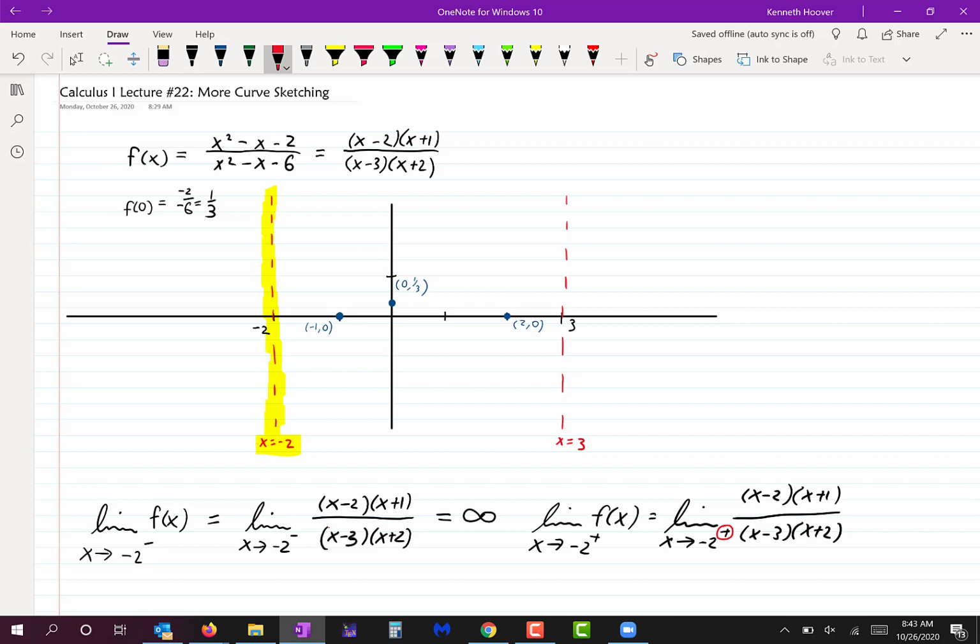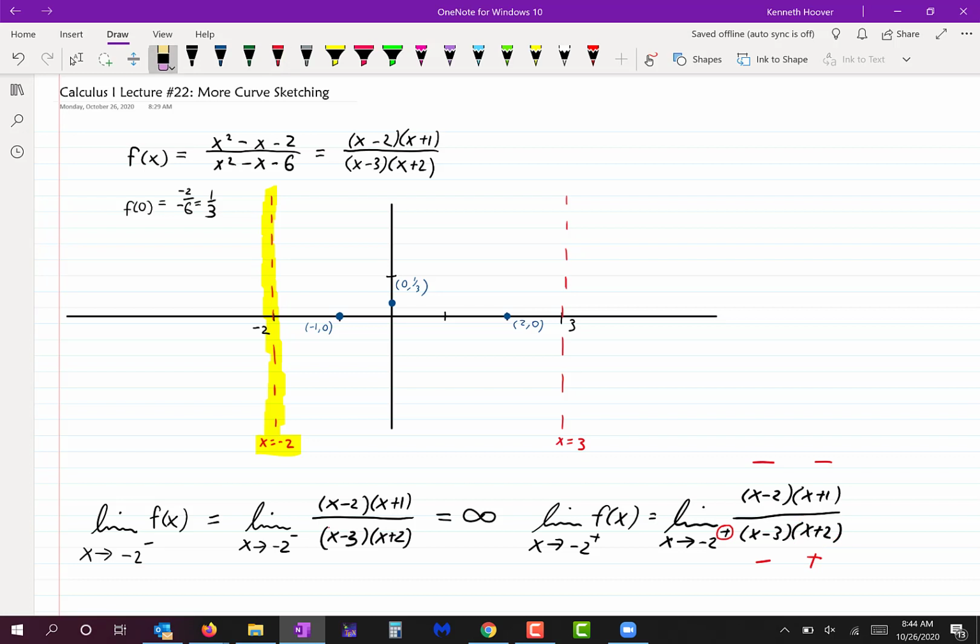Okay, when you plug that kind of number into here, you're going to get a negative. And when you plug that kind of number into here, you're going to get a negative. And when you plug that kind of number into here, you're going to get a positive, right? Something like -1.5 plus 2 comes out to a positive, right?